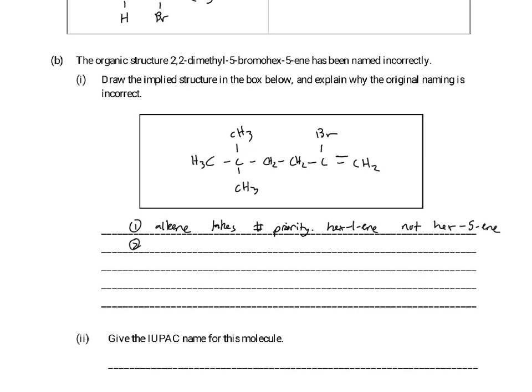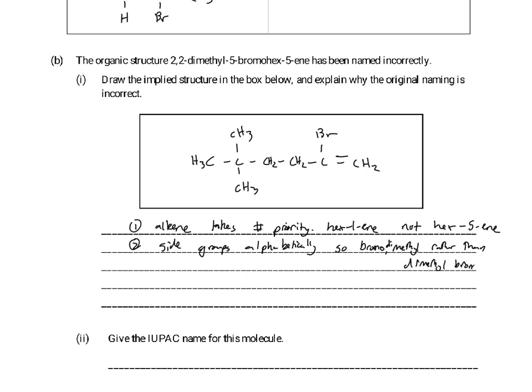And the second thing is you name side groups alphabetically. So the bromo basically should come before the methyl because B comes in the alphabet before M. So it should be bromo dimethyl, rather than dimethyl bromo.